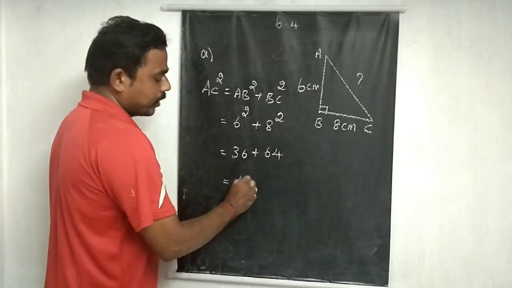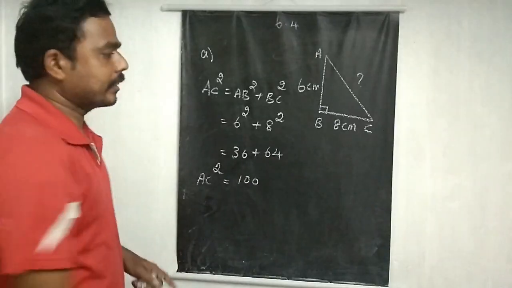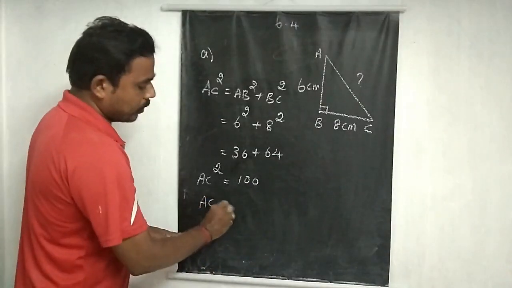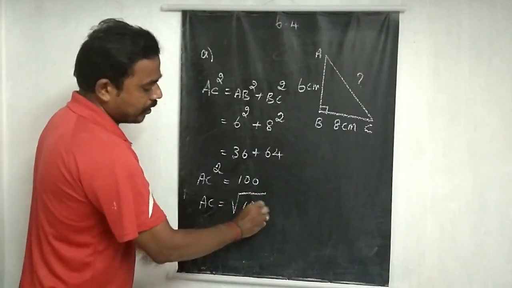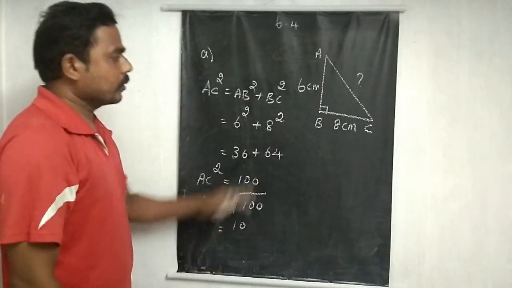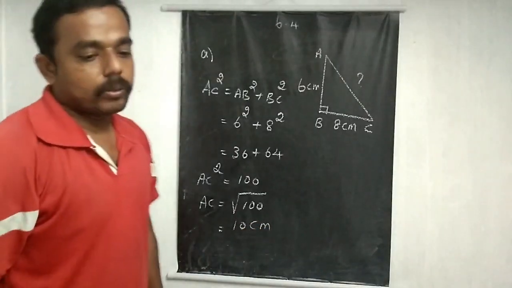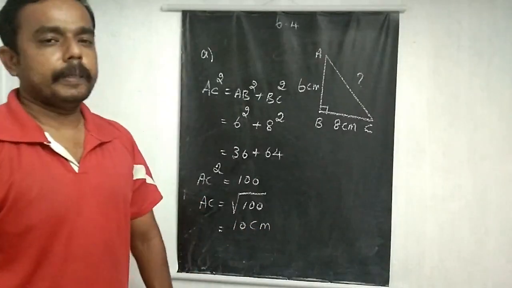Now the total is 100. So AC squared equals 100. So AC equals the square root of 100. Already you know it's a perfect square number, so 10. The unit is centimeters. So AC equals 10 centimeters.